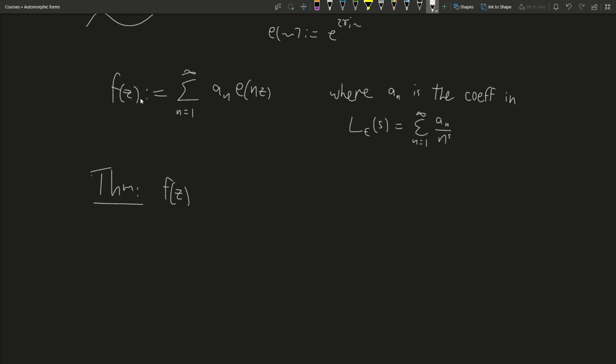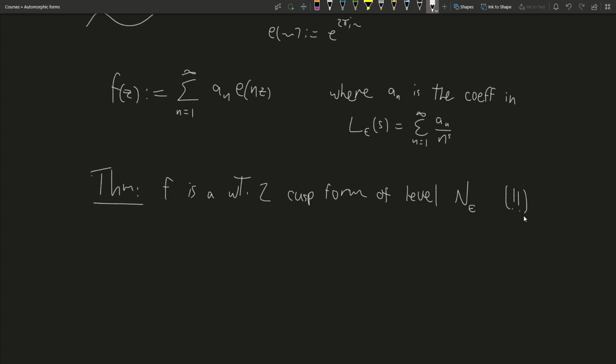The function f of z, as defined above, is a weight 2 cusp form of level equal to the conductor of the elliptic curve. Really, this is extremely remarkable.